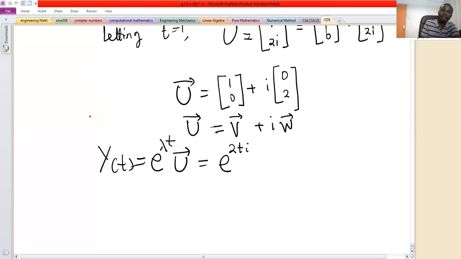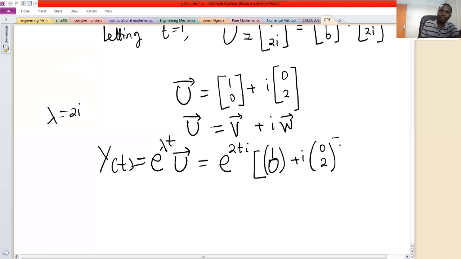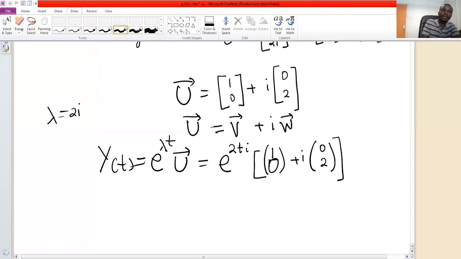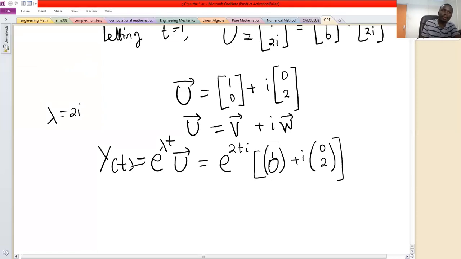And then since lambda is 2i, that's what has resulted into this exponent. And then u, which is given by 1, 0 plus i 0, 2. Or for convenience, you can just write V plus iW.